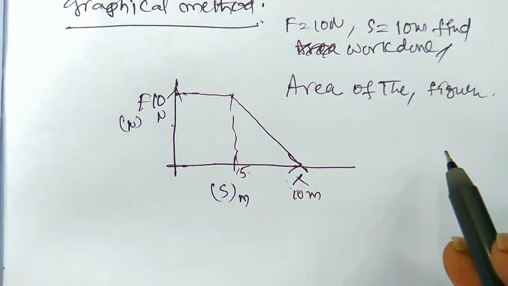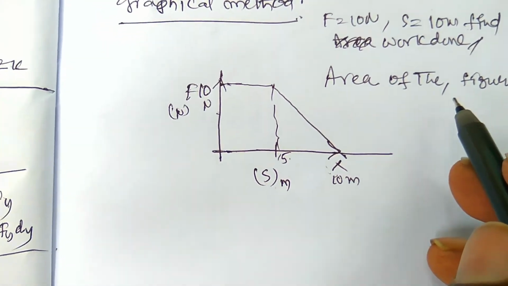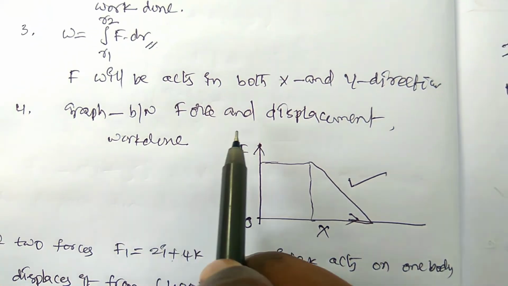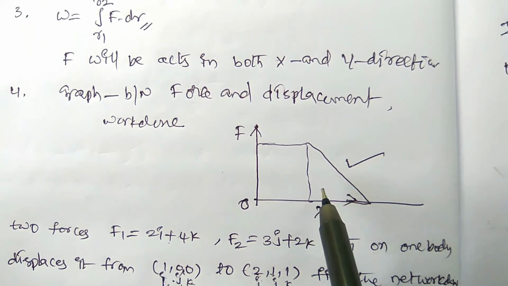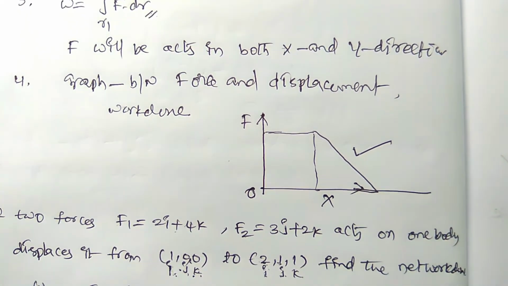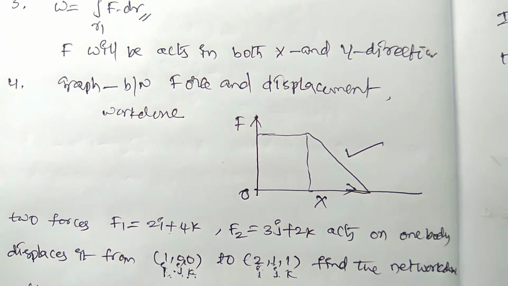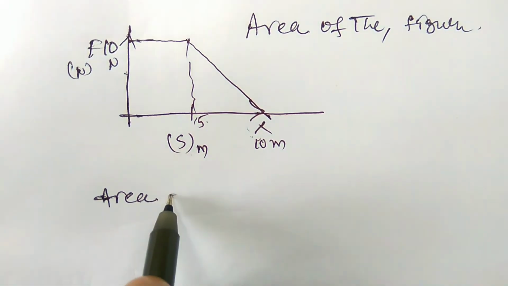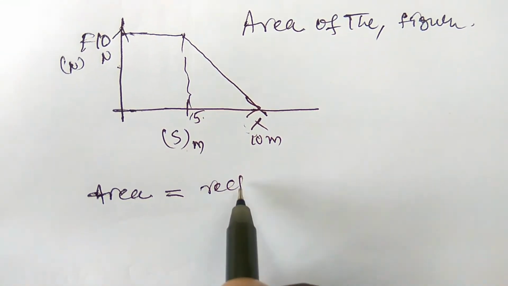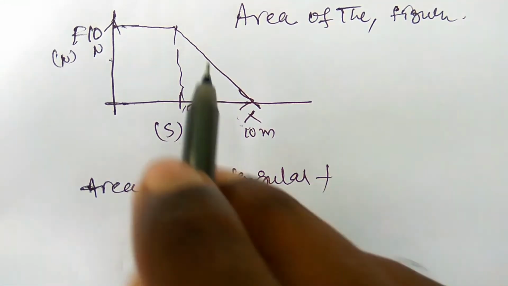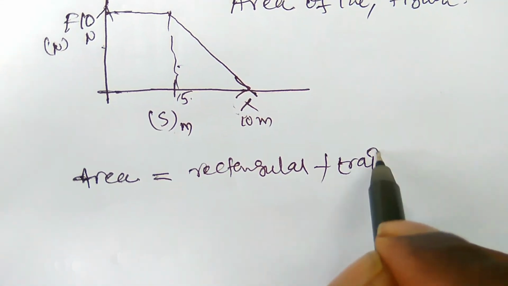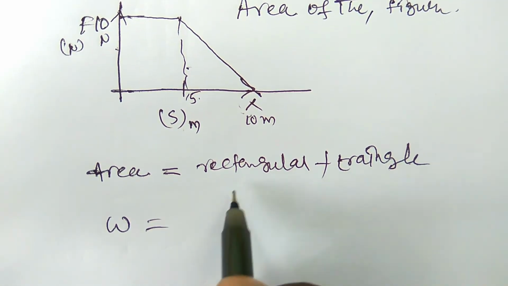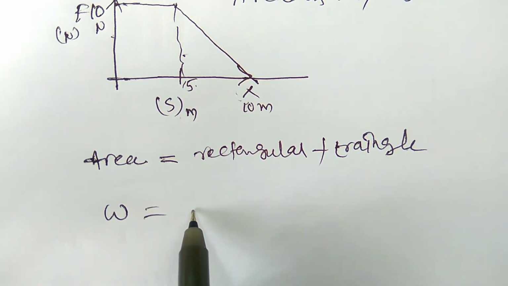Here you have to remember that the area of the given structure gives us the work done. As I told previously, in the graphical representation the area represents the work done. So now we have to find the area of the given structure. The total area is one rectangle and one triangle. The area of the rectangle is length into breadth.